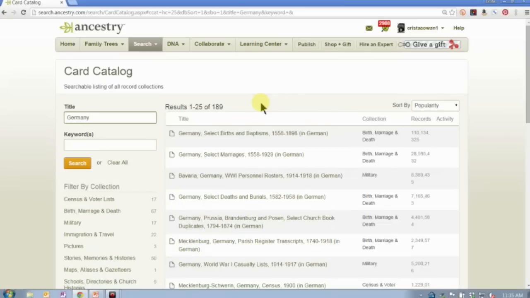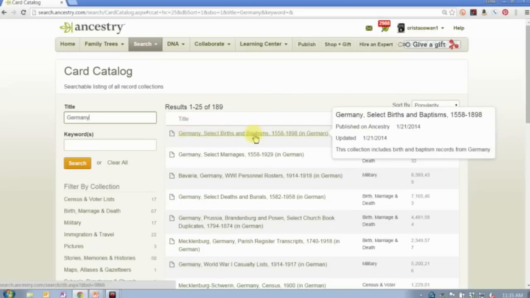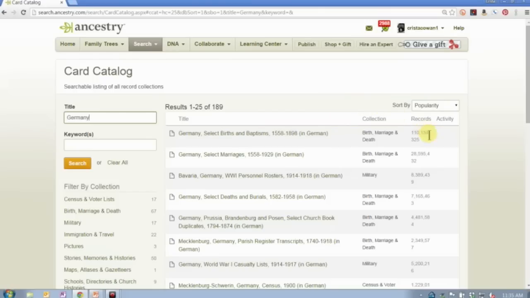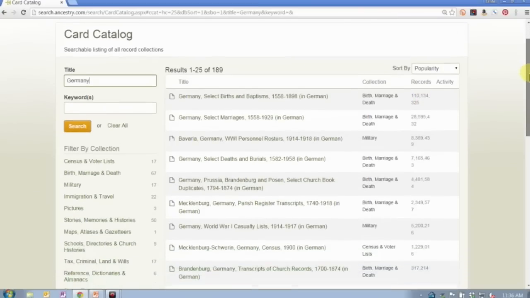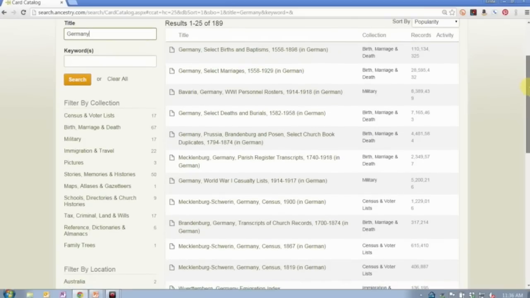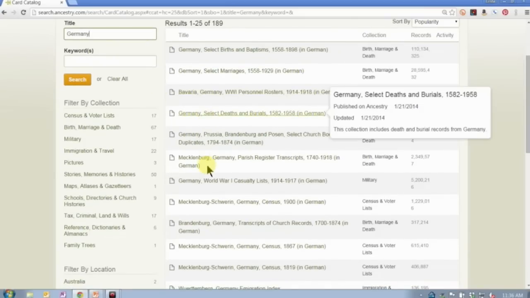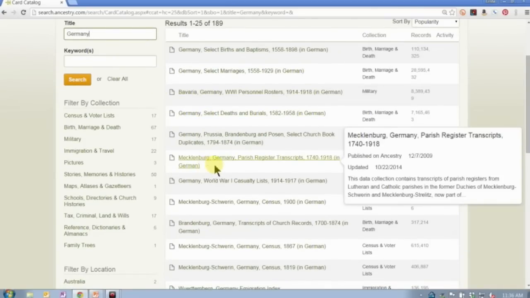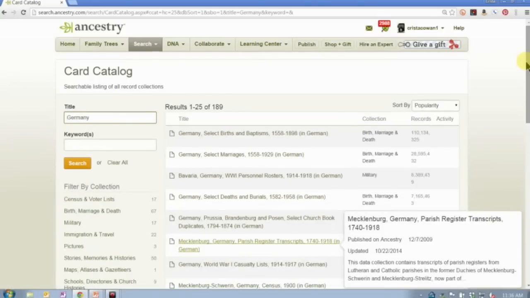So for example, we have select births and baptisms from 1558 through 1898 for Germany, and this particular database has 110 million records in it. That's a pretty good database. That's a pretty good place to start to have an understanding of what else is available. But don't stop there. Maybe your family's from a particular region, Bavaria, Mecklenburg, Württemberg, Brandenburg, Saxony, whatever.